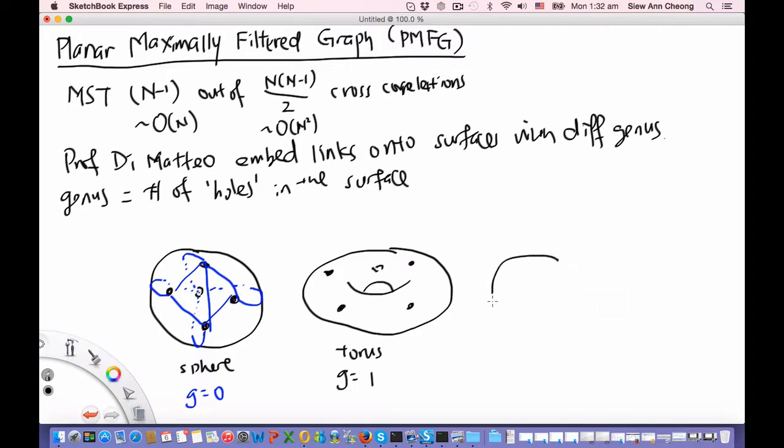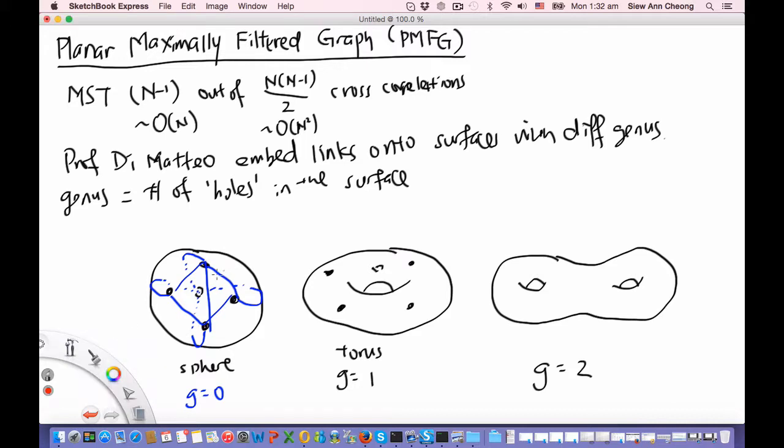And then a surface with genus 2 will look something like this. So 2 connected donuts. This will be genus equals 2, and if you embed the links from the cross correlation matrix onto this surface, you find that you are able to keep even more important cross correlations.